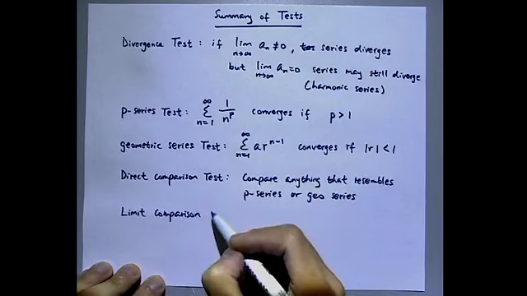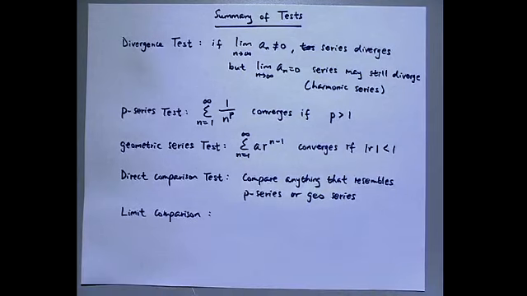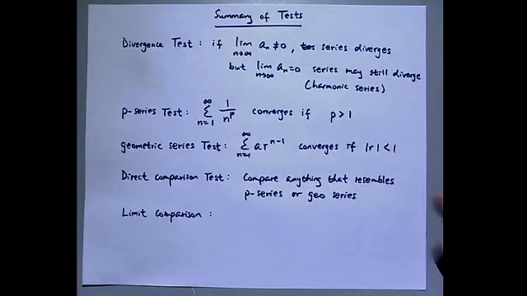Then we have the limit comparison. Who remembers what the limit comparison test says? You choose another series that you know the convergence behavior of, and then you take the limit of that series divided by your test series.